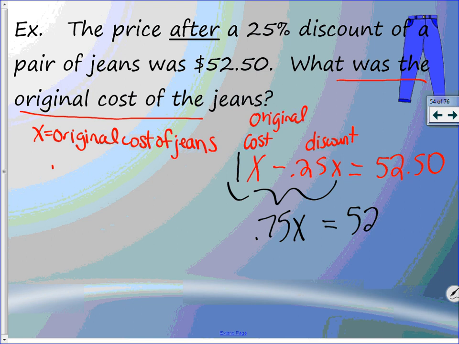Now, I teach people this in stores, as I walk through the Gap and I see people with a calculator doing all of these calculations. If you realize that taking a 25% discount is the same as retaining 75%. If you take 25% off, how much is left? 75%.